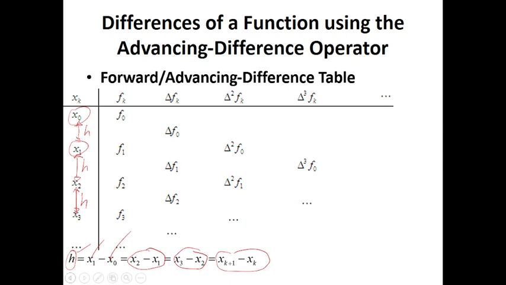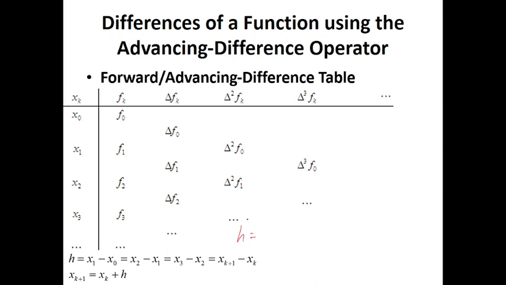Now we proceed. Knowing that h is equal to x sub k plus 1 minus x sub k, we can rewrite this in terms of x sub k and h. So we have h plus x sub k is equal to x sub k plus 1, right?